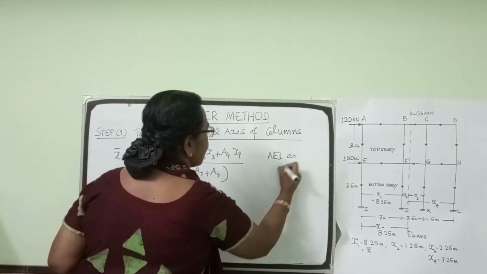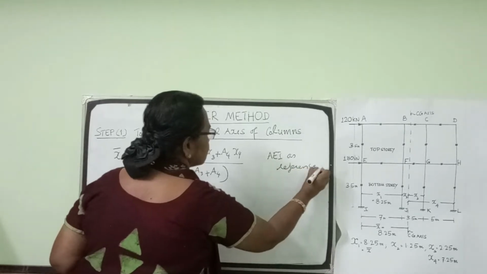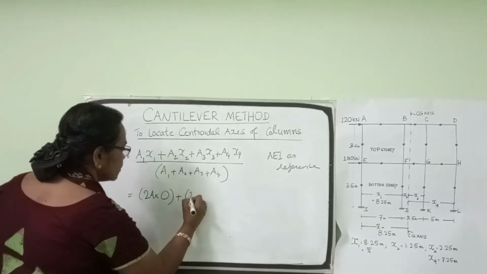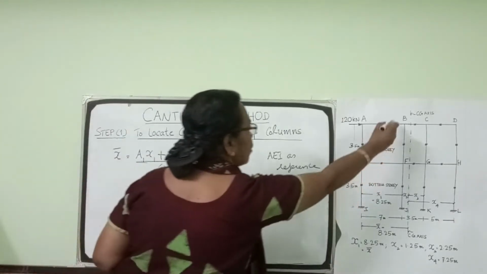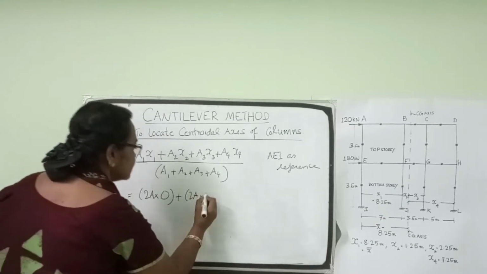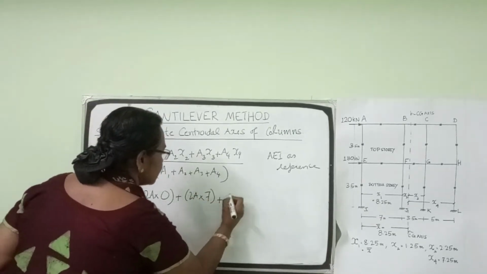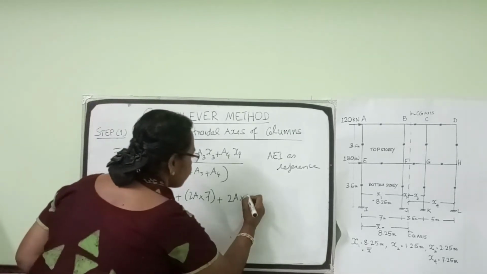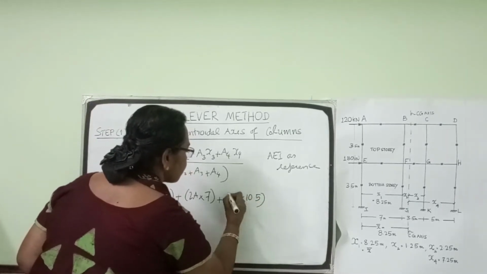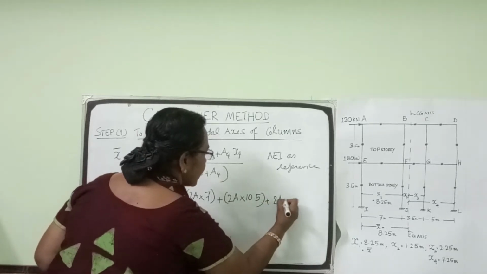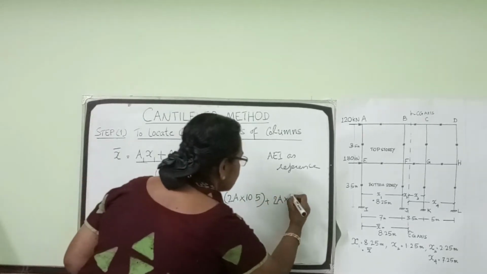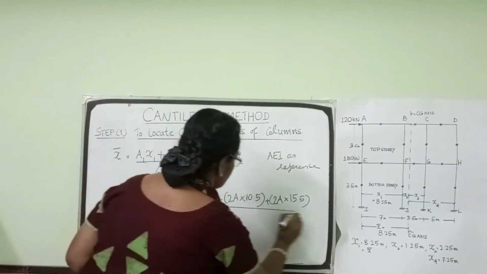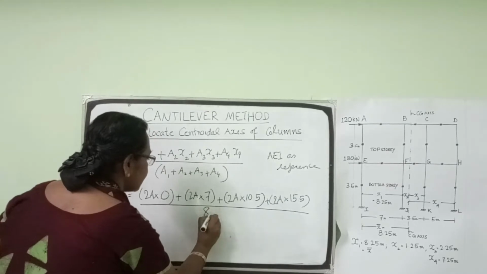So x bar is 2A into 0, plus 2A into 7 meter, the distance of the second column, plus 2A into 10.5, plus 2A into 15.5, divided by the total area of all the columns together, 8A.